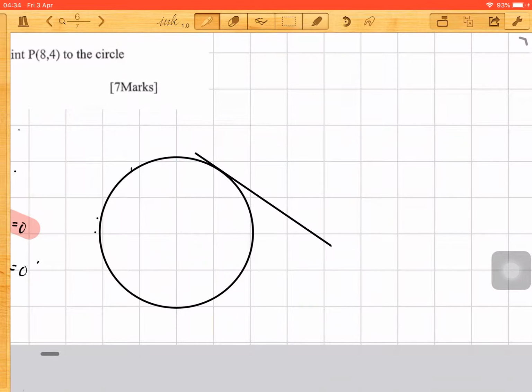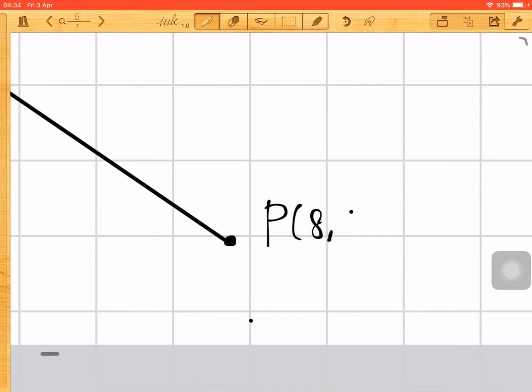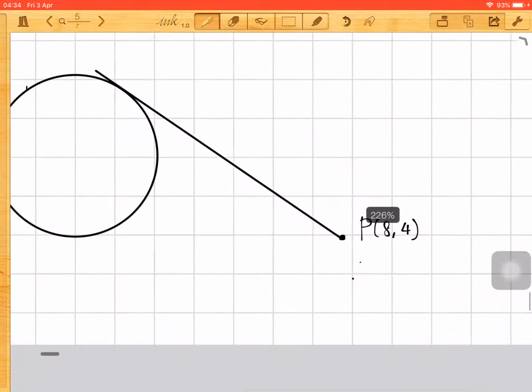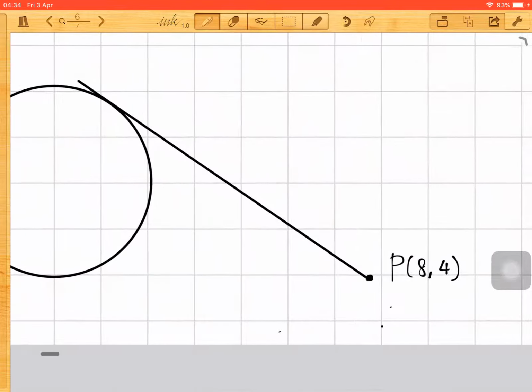Let's call this point P given there, which is P(8, 4). What the question wants is actually the length of the tangent from this point to the circle, which is here. This is the one they want.